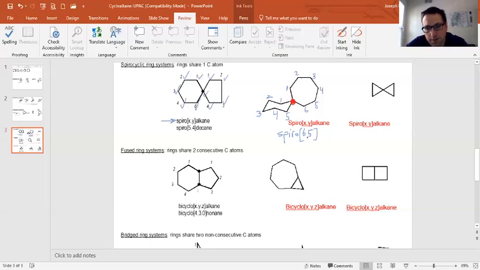Bracket, bracket, period. Now I just have to count up all the carbon atoms overall. How many vertexes are there? 7, 8, 9, 10, 11, 12. There are 12 carbons overall. Dodecane.